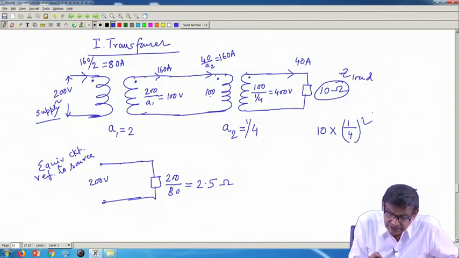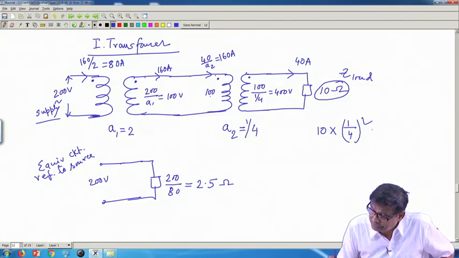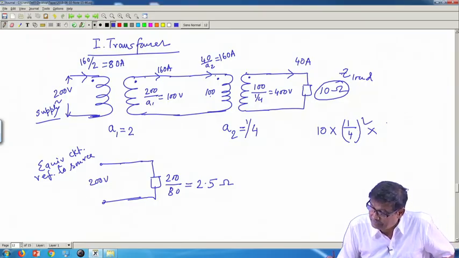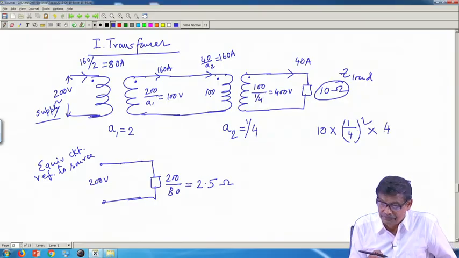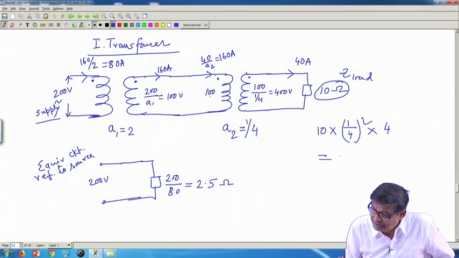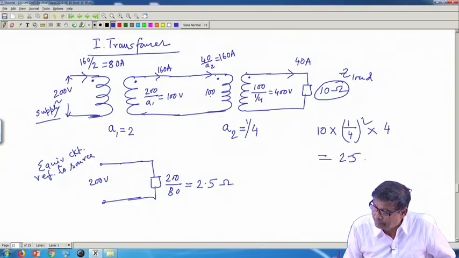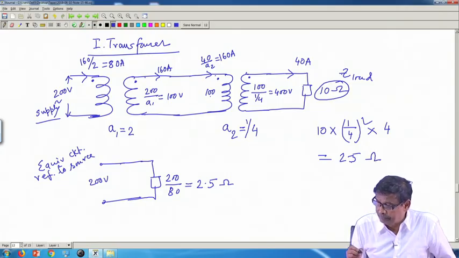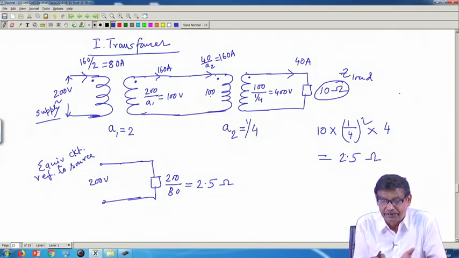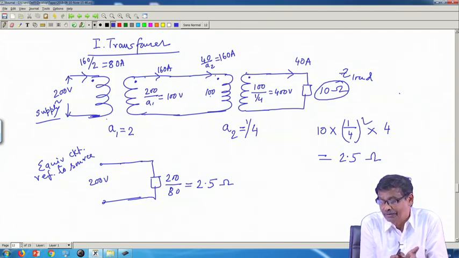And this into four, 1 by 4 square, and you see it is 2.5 ohm. Therefore, this is the equivalent circuit referred to this source.